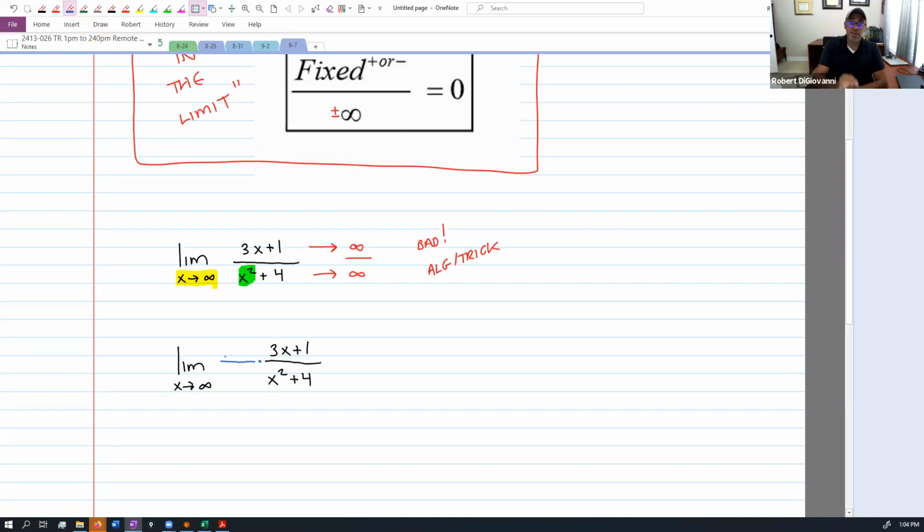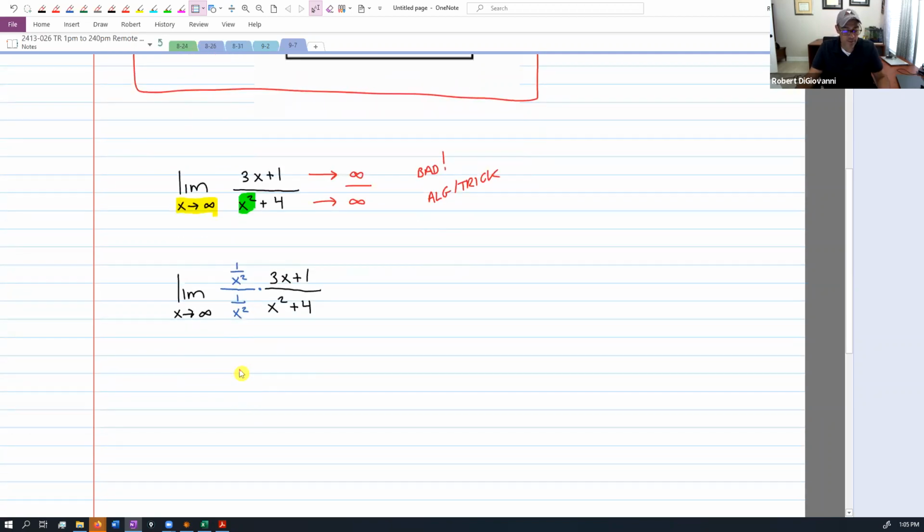So I'm going to multiply by something over itself. And the thing that I'm going to put out here is 1 over x squared over 1 over x squared. Now, the reason I'm using x squared is because I saw the highest power in the denominator was x squared. That's why I'm using x squared here, but I'm doing 1 over x squared divided by 1 over x squared again. So this is 1, so I'm not changing the problem, I'm just making it look different.